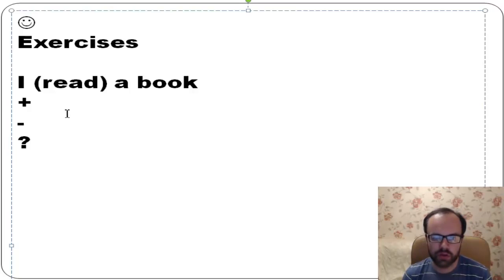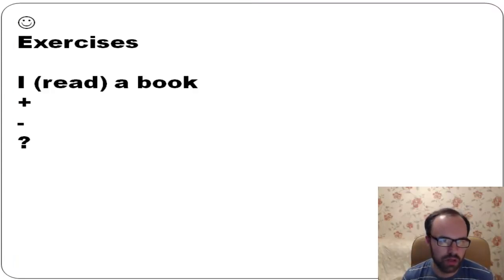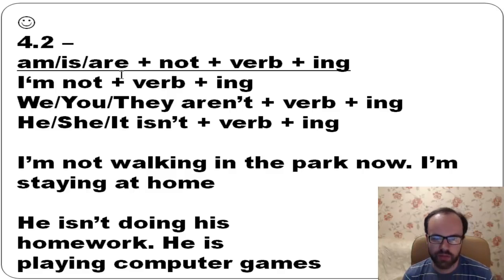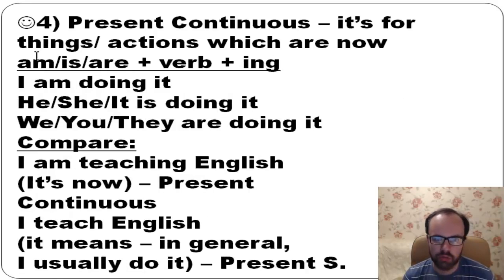So, how do we form it? Let's look. It's really easy for us. So, am, is or are, plus verb plus ing.